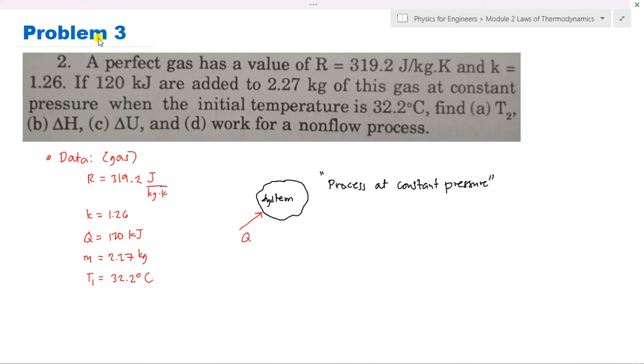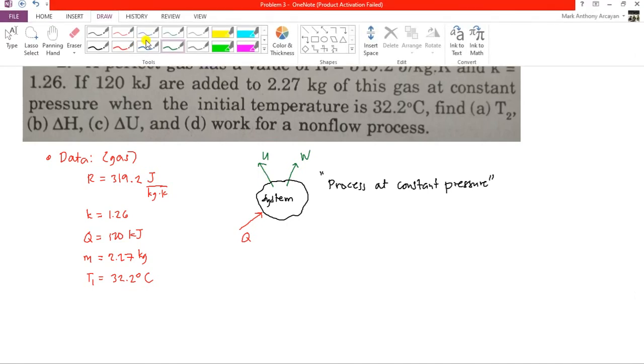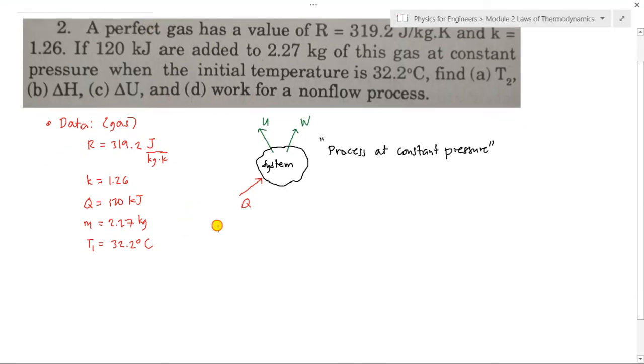So in our system, we don't know maybe may increase si internal energy or si work kay gi-input sa system or gi-output. So ato lang indicate nga na. So required in this problem is the final temperature. So mag-change man ang state niya. Next is the enthalpy, the internal energy, and the work. This is a non-flow process. So ma-apply to ato ang gikuan ganiya.